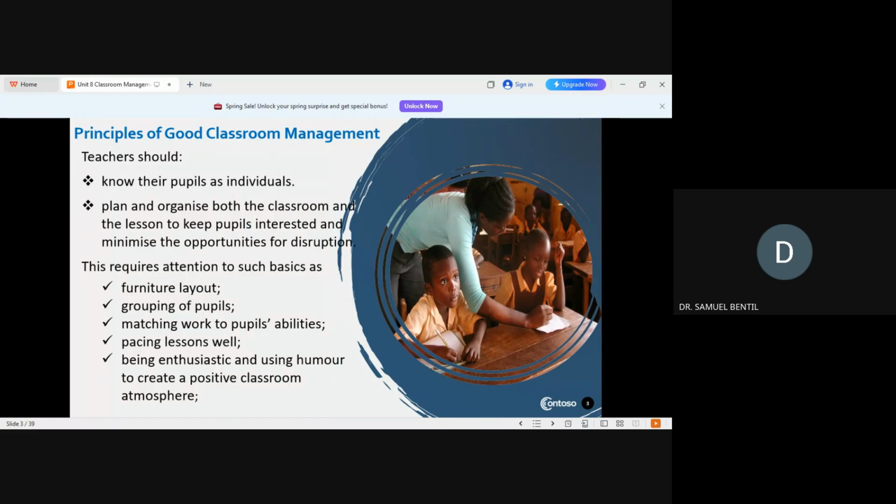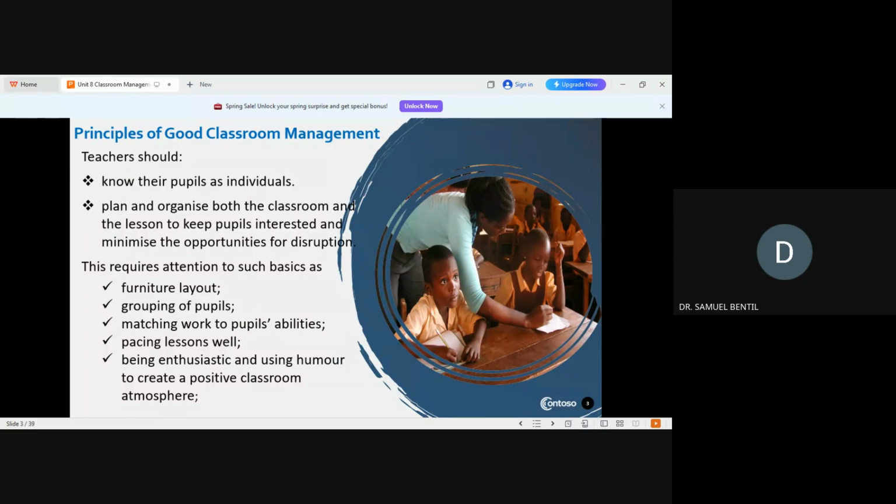Knowing them as individuals means that you must know the individual strengths and weaknesses of the learners, their learning styles, their behaviors, their maturity level, their abilities, and aptitudes, which will inform how you model the lesson to meet their needs. That's why, if you look at the revision, you have to recognize the relationship among student behaviors.